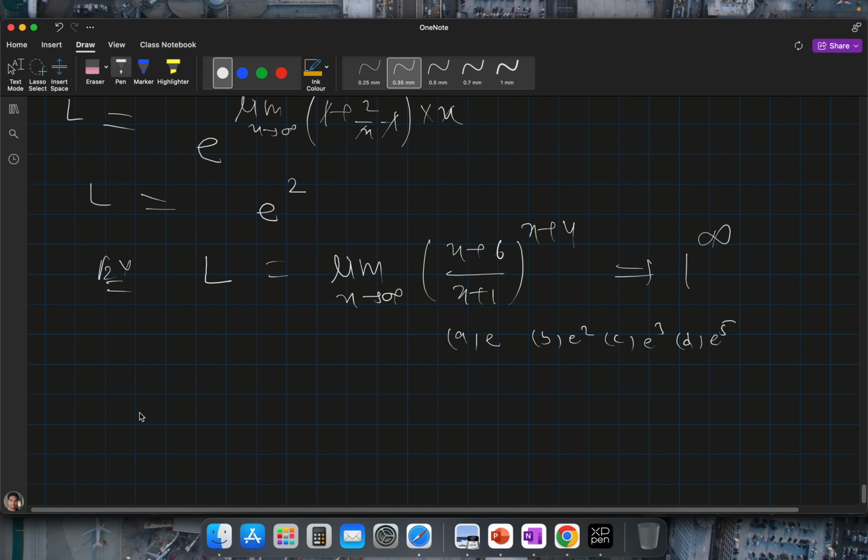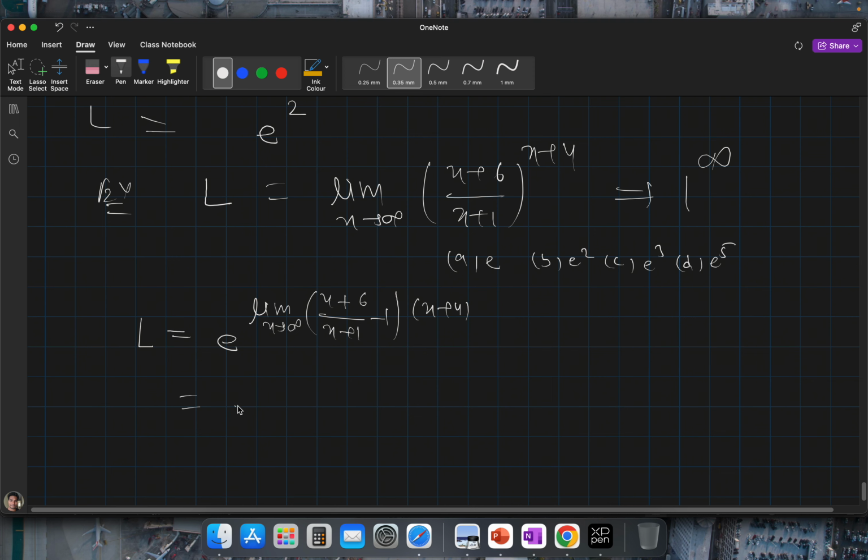Again, I will do the same thing: e raised to the power limit x approaching infinity. I will subtract this from 1, and I will multiply this power in this function. That's it. Solved problem.